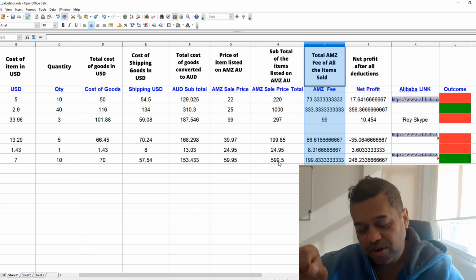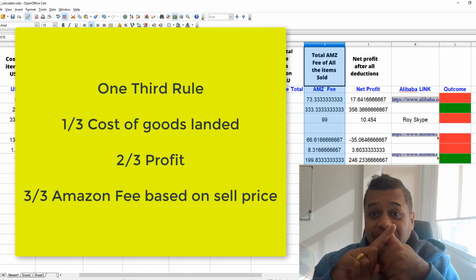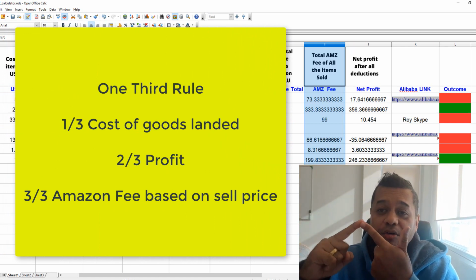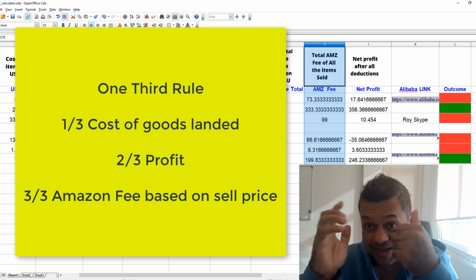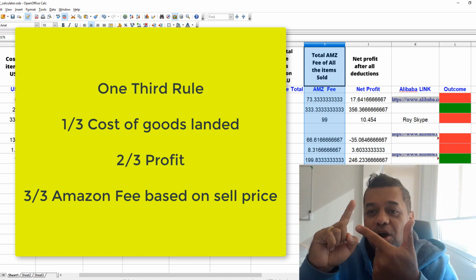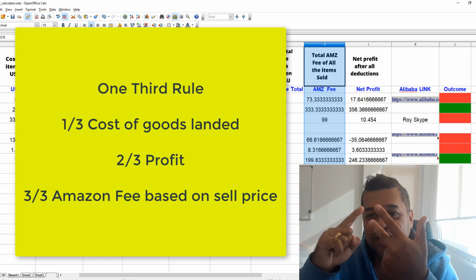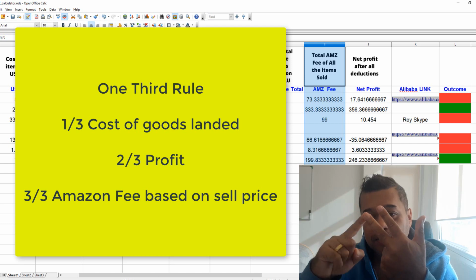So there has to be enough profit. There's the price you buy it for, then the landed price, then your profit, and then your Amazon fee.